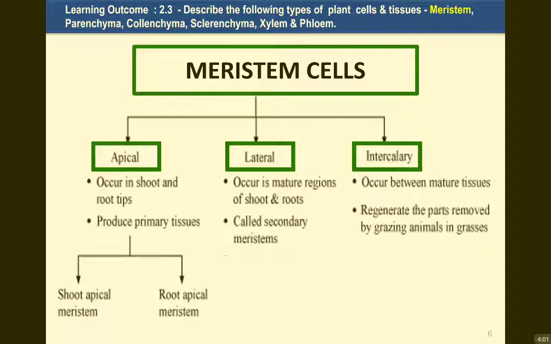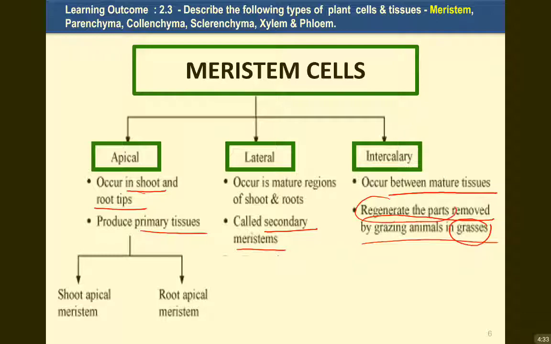Alright, so the three types here: apical, shoot and root tip, primary tissues; lateral, secondary meristem. Okay, and the third one, intercalary meristem, occurs between mature tissues, and they regenerate the part which has been removed by cow or goat, after they eat the grass. So the intercalary meristem will try to regenerate the part.